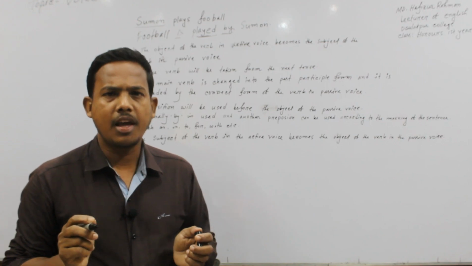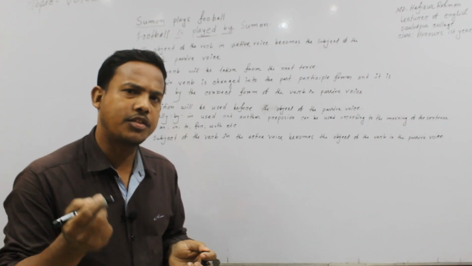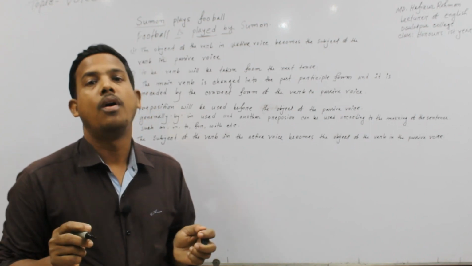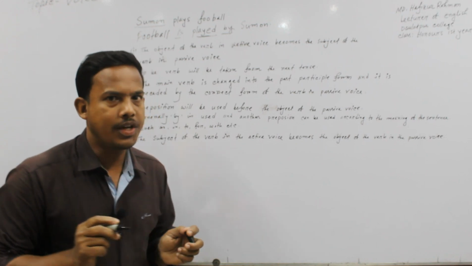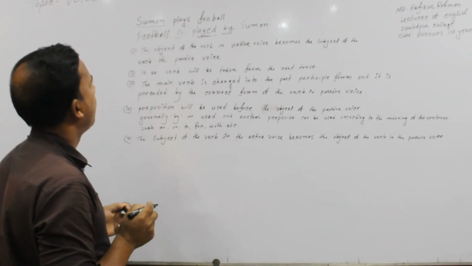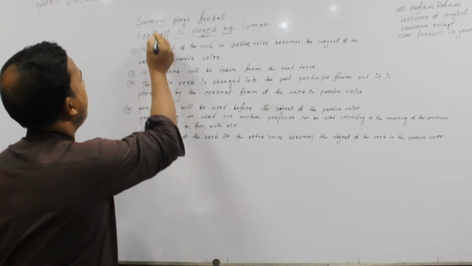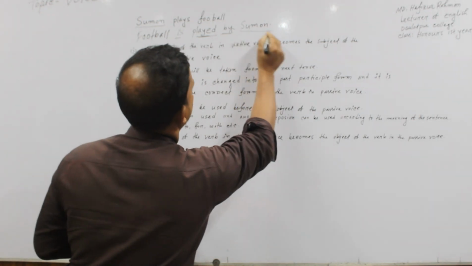If you ask a verb with who, the answer you get is called subject. So if we ask in this sentence, Shumon plays football, who plays football? The answer we get is Shumon. So we have to use Shumon here.